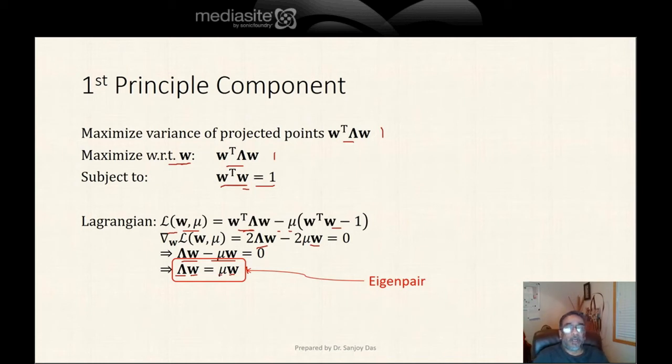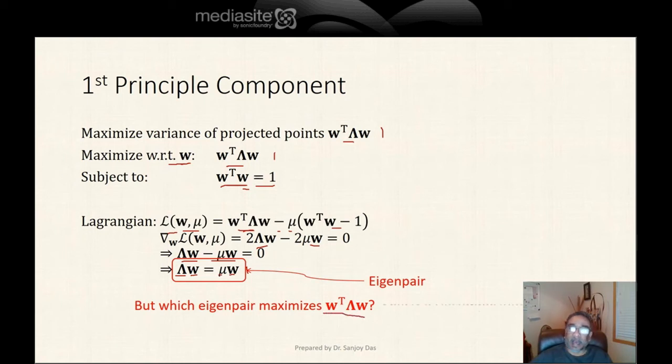So now we know that the first principal component is an eigenvector of the covariance matrix lambda. The question is which one to use to maximize this?